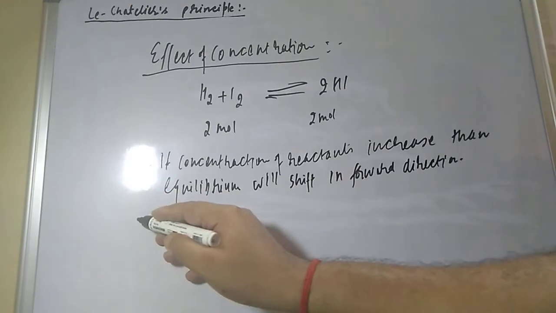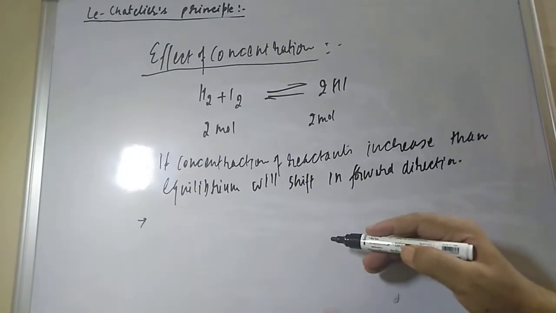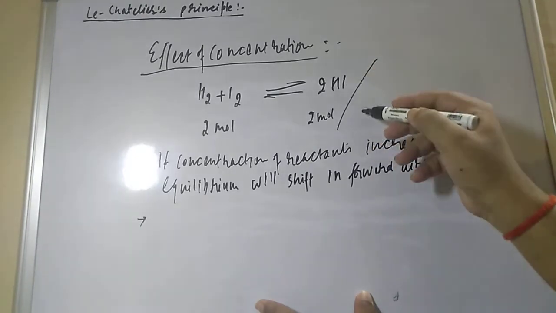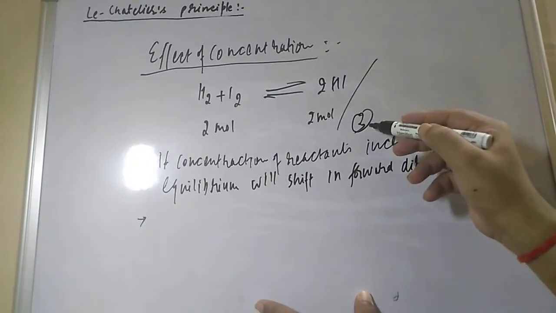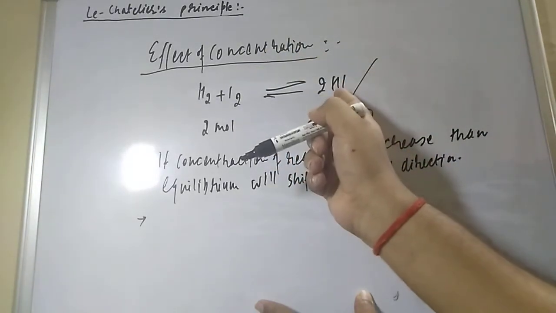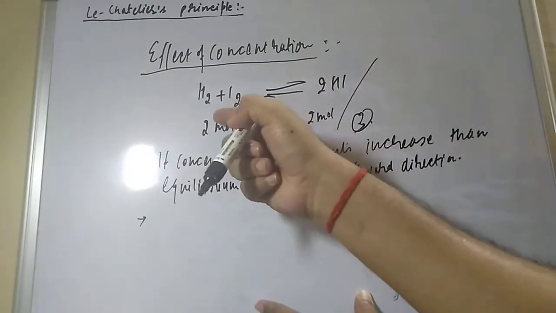Now you go to case number 2, student. Suppose there are 2 moles, and you are increasing the product to 3 moles. Here there is more, so the equilibrium will go in that direction, meaning the product will break into the reactant.